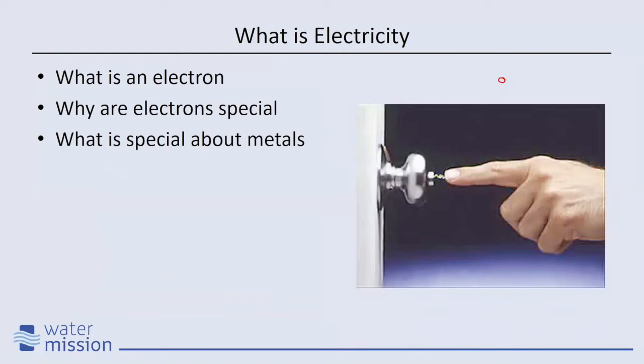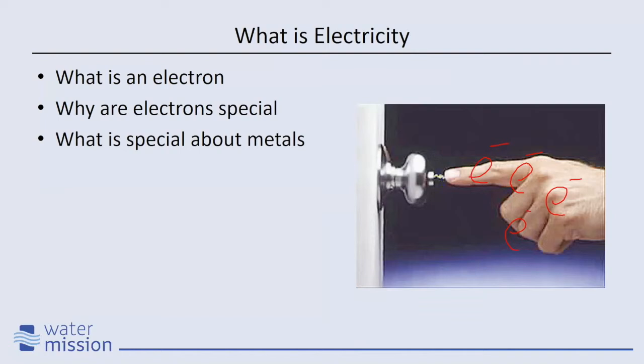Another image that might be familiar to northerners is a spark leaping from your finger to a doorknob, a light switch, maybe your dog's nose, unfortunately. That is happening because we've developed a concentration of electrons on your finger, and those electrons are exerting a pressure on each other. They want to get away. However, they don't have anywhere to go when you're just standing in the middle of the room.